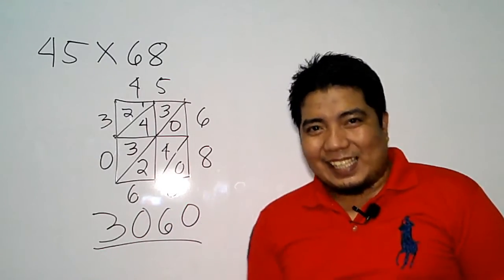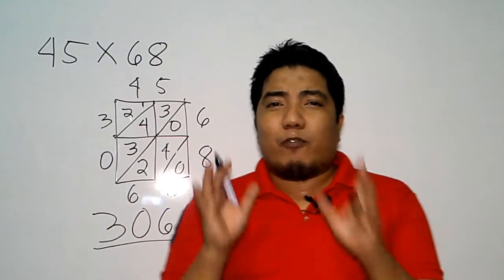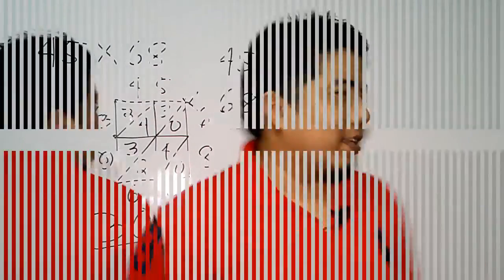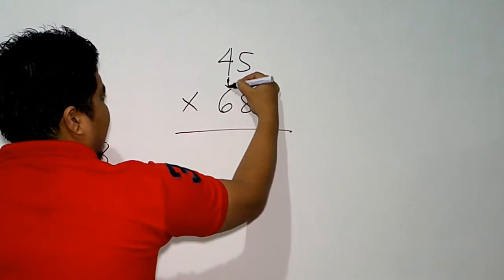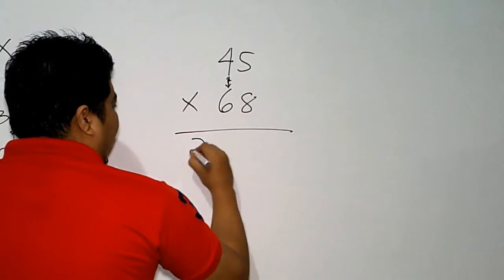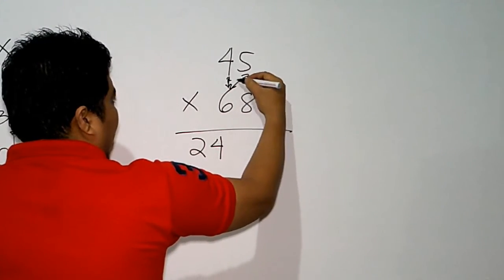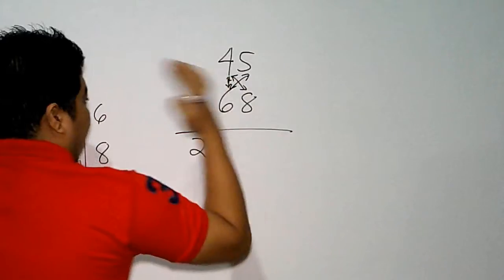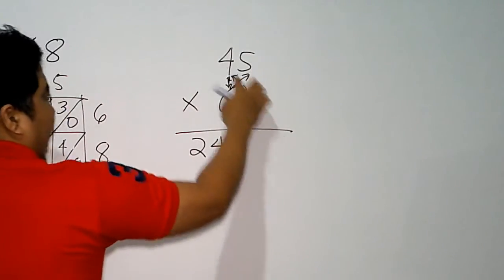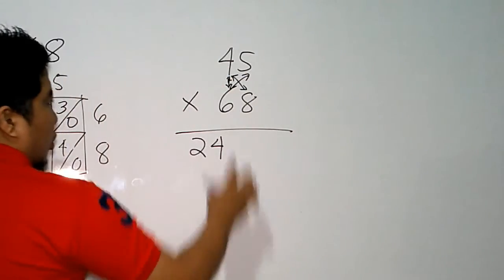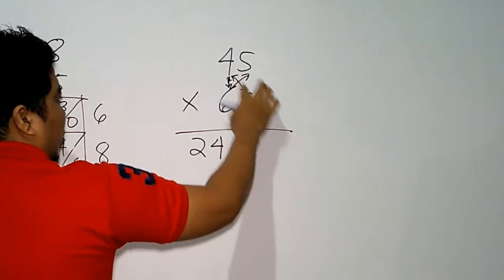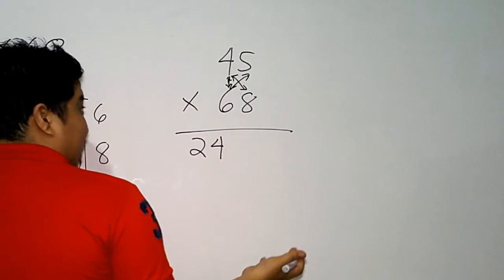Okay, that's as simple as that. Now, what if we do the mental math? What we will do is we multiply this first. We have 24. Then we do the cross multiplication. In our mind, we have 30 and 32. So 30 plus 32, that gives us 62.